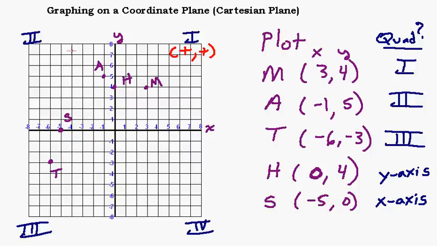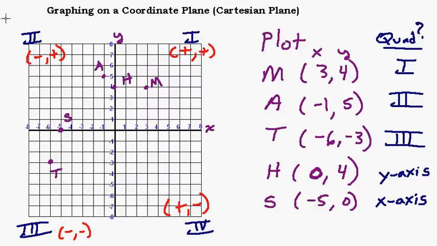So second quadrant, your X value is going to be negative and your Y value is going to be positive. So a negative X and a positive Y will always put you in the second quadrant. Third quadrant is going to be a negative X and a negative Y to get down here. Negative, negative. The fourth quadrant is going to be positive, negative. So that's what those were about in that last picture.